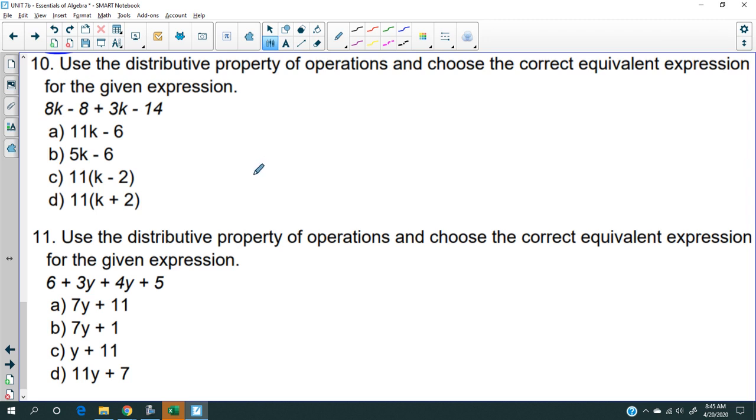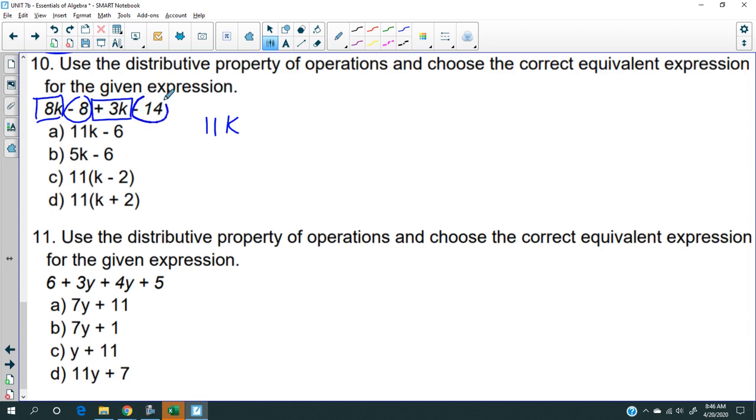Okay, all right. So let's see. Now I gotta combine like terms first. So that's 11k. Now, this might be a challenge for some of you. At the same time, I think it might not be. So -8 minus 14. So imagine, right? You owe someone $8.